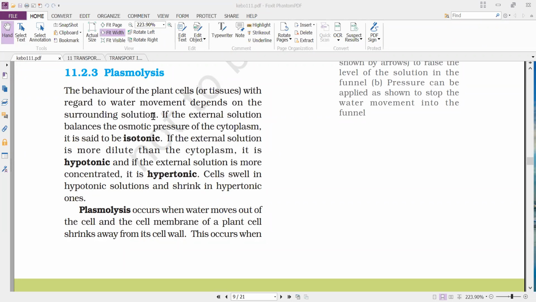Depending upon the concentration of the solution or the nature of the environment in which that cell is present, the movement of the water will take place.